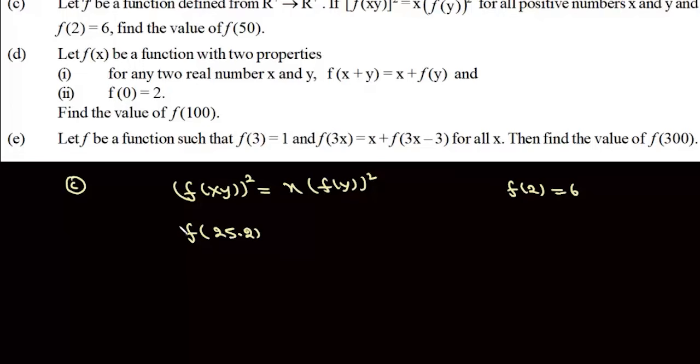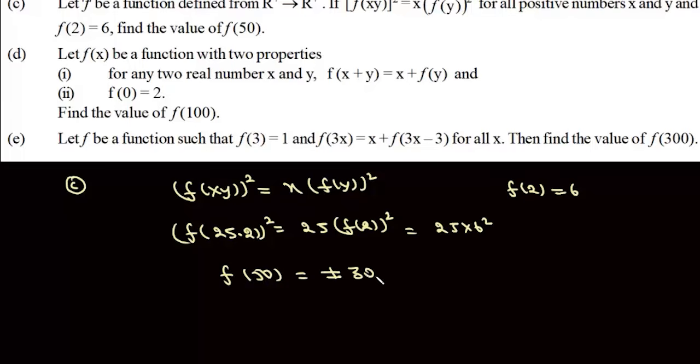So f(25 * 2)^2 = 25 f(2)^2. Now f(2) is 6, so it'll be 25 into 6 squared, or we can say f(50) will be plus or minus 30. Since the codomain is R positive, it can only take positive values, so the value of f(50) will be simply 30.